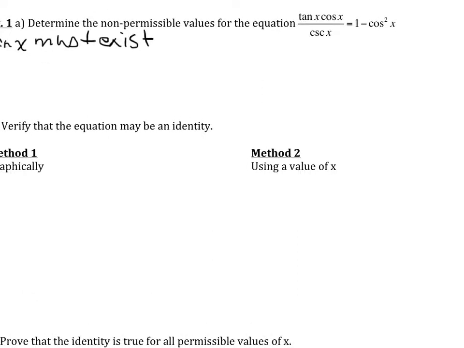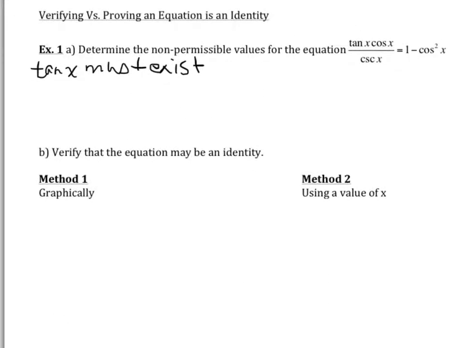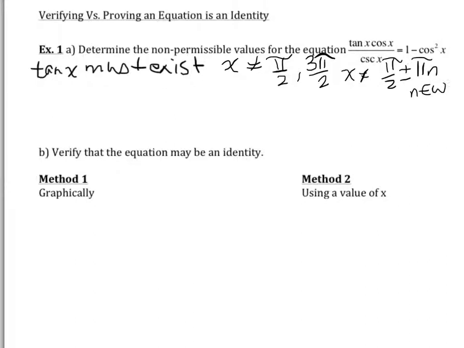Mainly, x cannot be pi over 2 and 3 pi over 2, because those are the values where tan x is not going to exist. And of course we want that in general formula, so x cannot be pi over 2 plus or minus pi n, where n is an element of whole numbers.